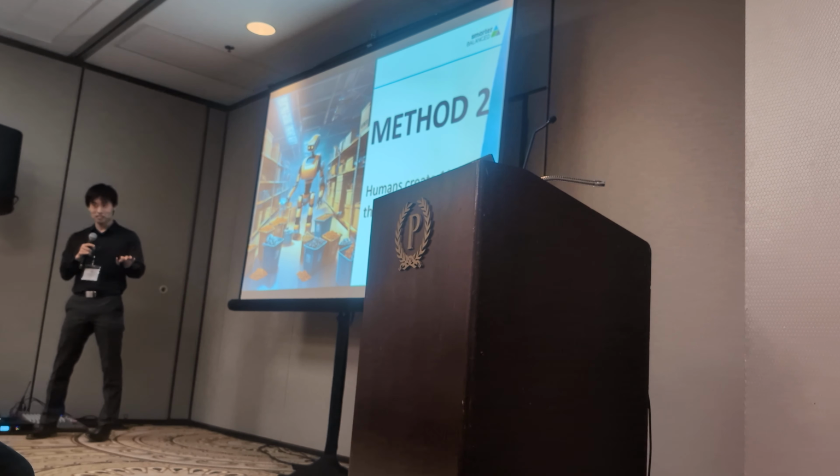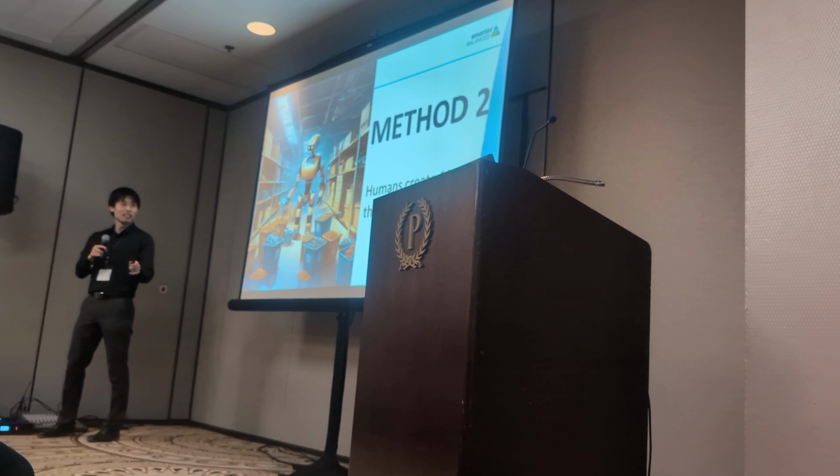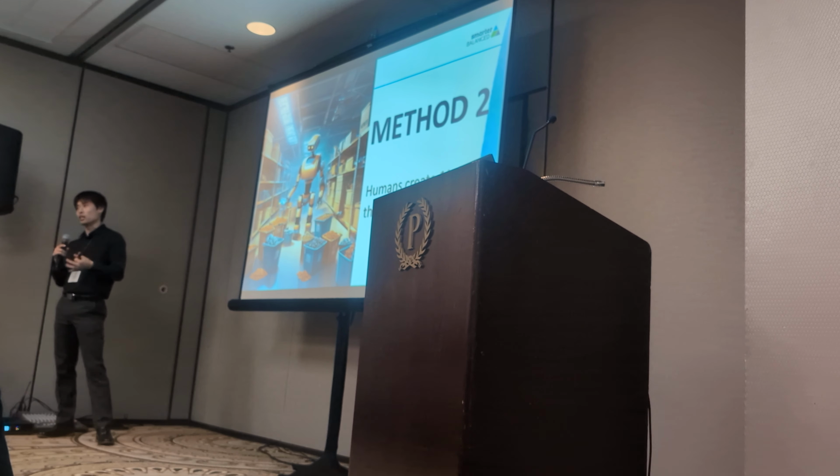So the second approach of tagging items with topics is completely different. The humans, we created 11 topics manually, and then we got an AI model to categorize items into those 11 bins.